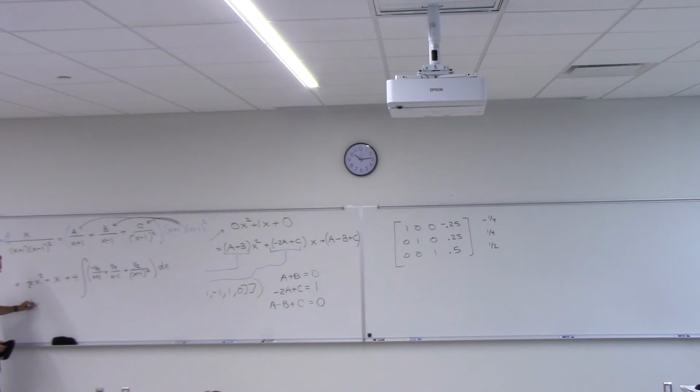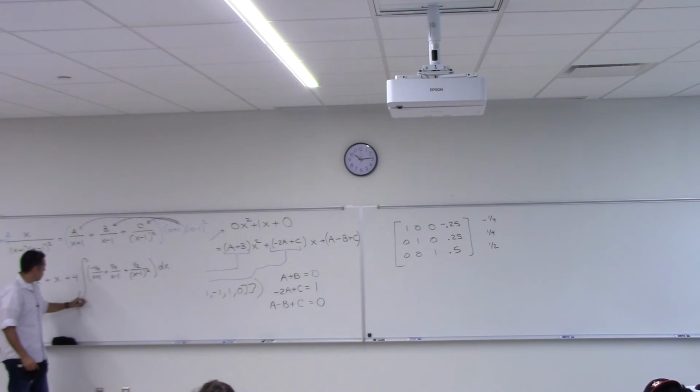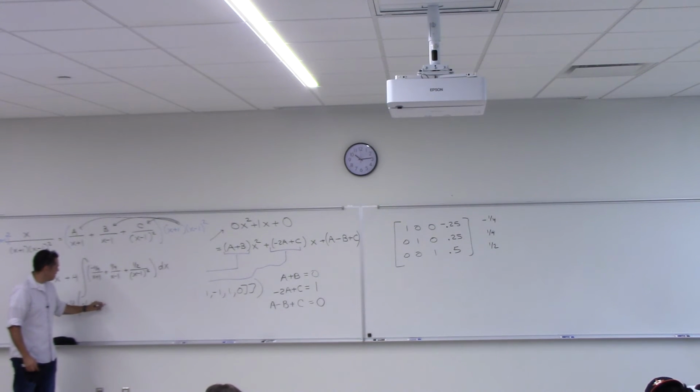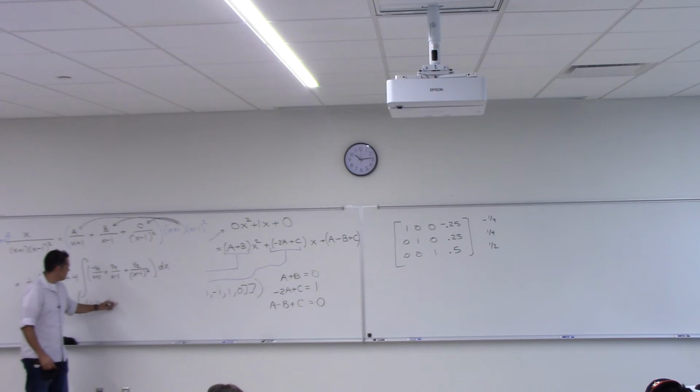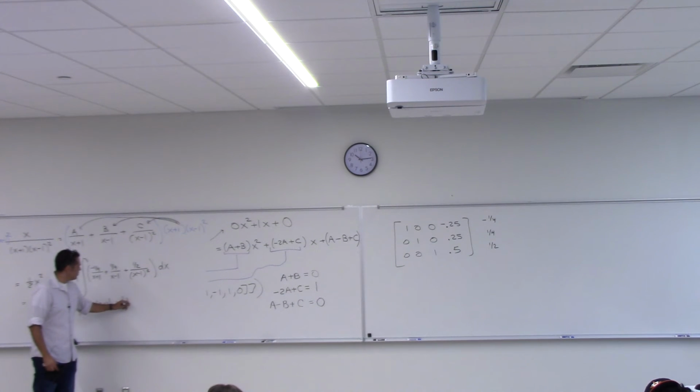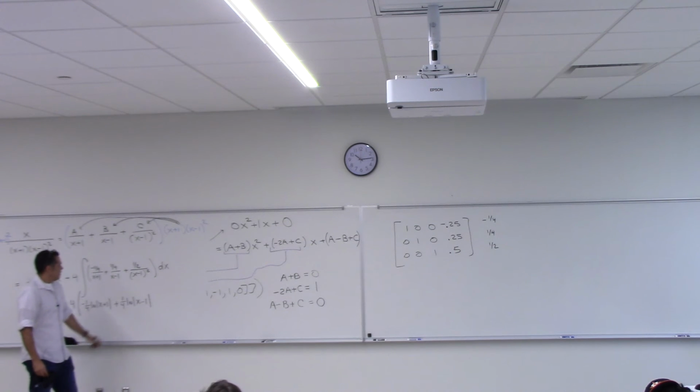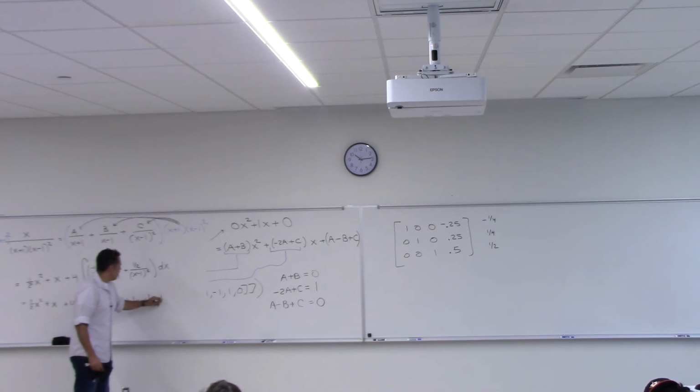1/2 x squared plus x plus 4. I better put a big set of parentheses here. That, I'm going to put negative 1/4 natural log absolute value of x plus 1 plus the 1/4 again, natural log of x minus 1. And then, let me do it a little slower. I'm going to go 1/2 here.